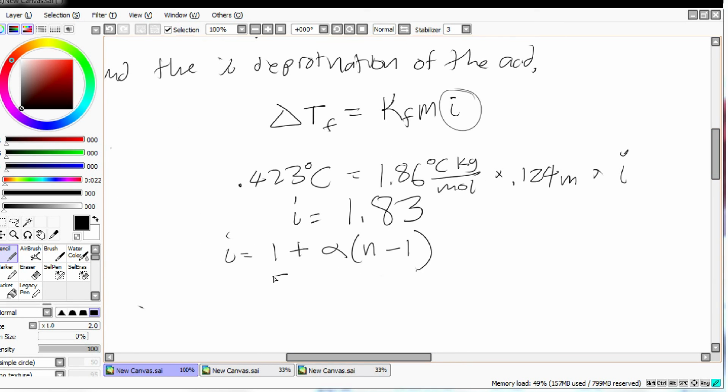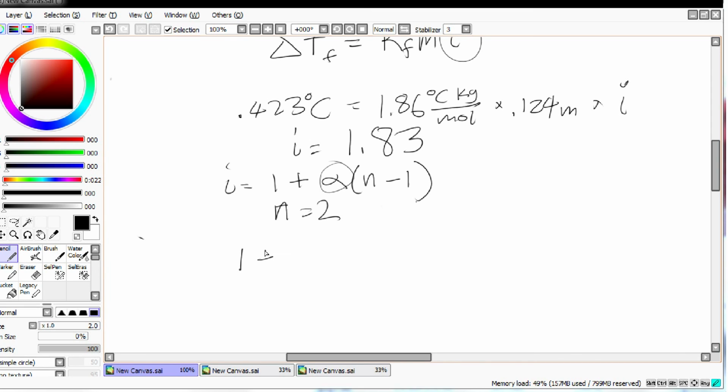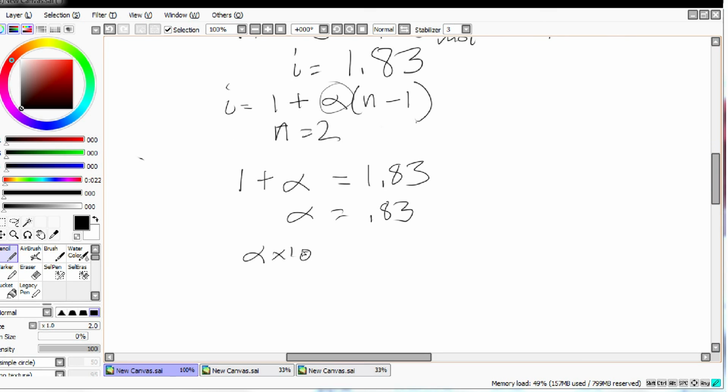So n equals 2. And we don't know alpha, but this is what we're solving for, the percentage of dissociation. So 2 minus 1 is 1. 1 plus alpha equals 1.83, so naturally alpha equals 0.83. To get a percentage out of that, alpha times 100 equals 83%. So we get 83% deprotonation.